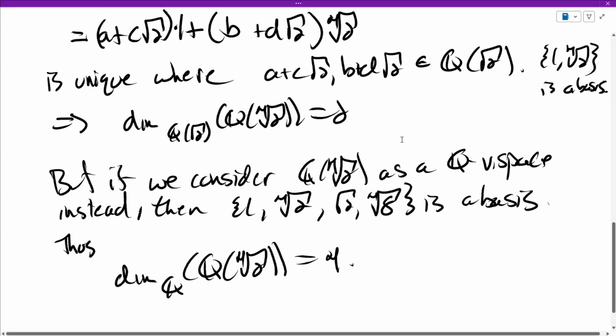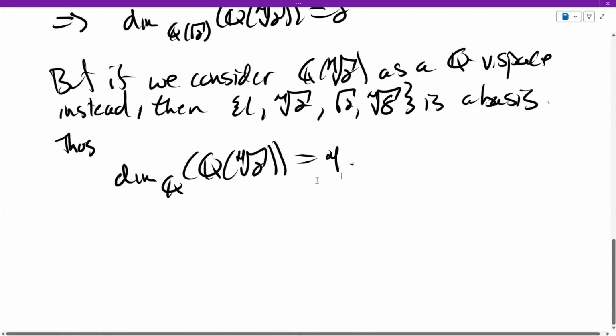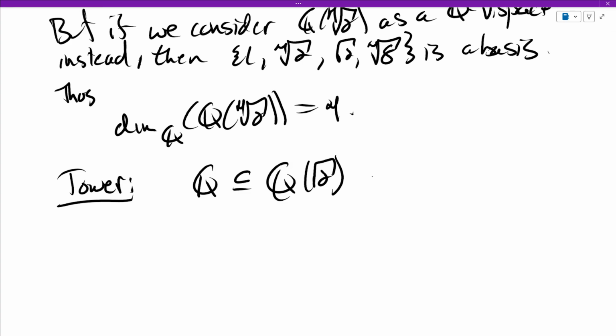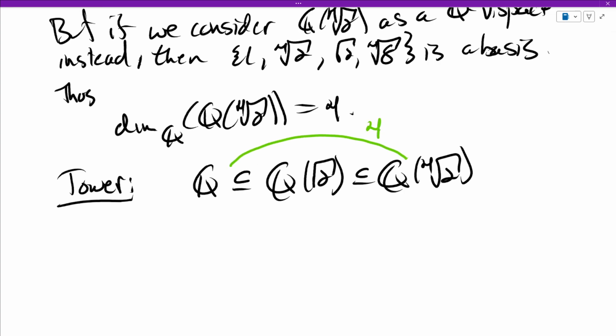And then the last thing that I will say here in this motivating example for what's to come is we had this extension. Let me just rewrite the extension. Well, it's a tower of extensions. We have the following tower. It was q sits inside of q adjoin the square root of 2 sits inside of q adjoin the fourth root of 2. The big dimension here is 4.